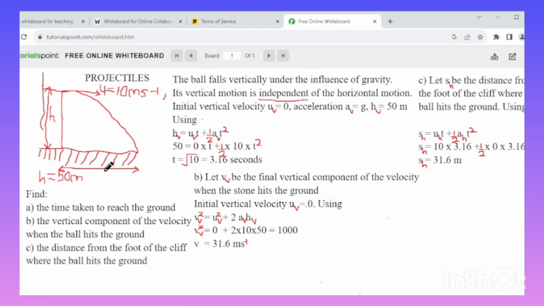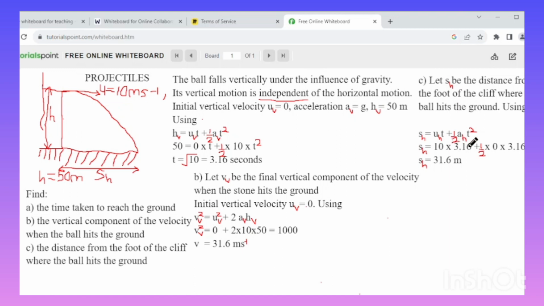So we are looking for this distance, s subscript h. To do that, we will use the formula s is equal to ut plus half at squared.